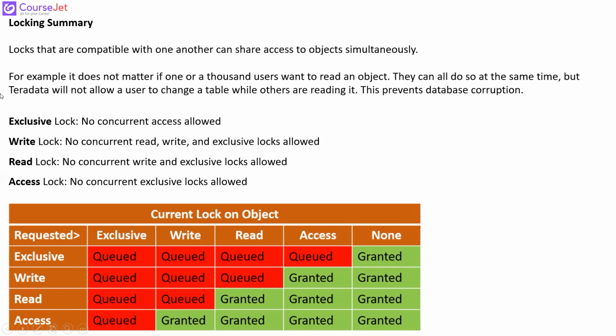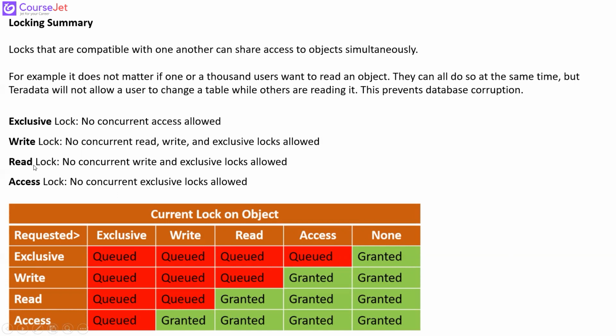So we'll see about the compatibility of these locks. The first one is exclusive. When we have an exclusive lock, no concurrent access is allowed. No other locks, like read, write, or access, can be applied on that object. Coming to the write lock, no concurrent read, write, or exclusive locks are allowed, which means you can have the access lock when you have the write lock.